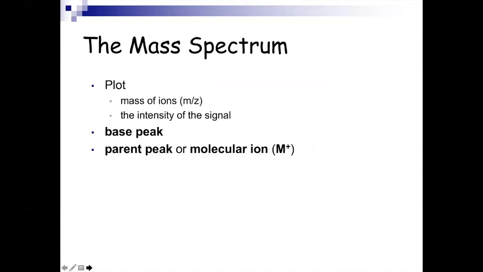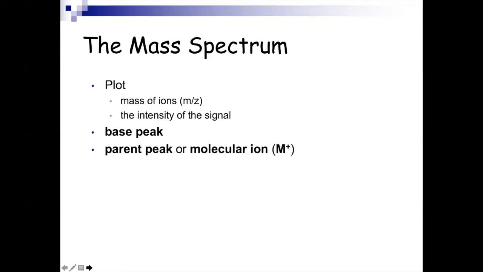When we get a mass spectrum, we're going to get a plot. On the x-axis is the mass of the ions, in mass to charge ratio. The y-axis is the intensity of the signal. This basically tells us how much of this fragment is around, and ultimately tells us that a fragment that is well represented is a stable carbocation.